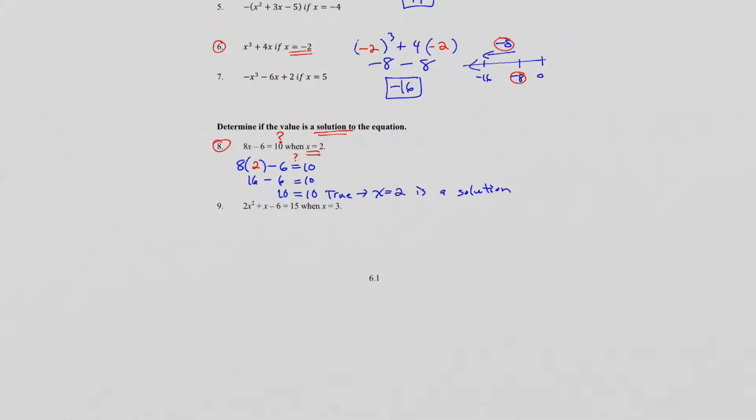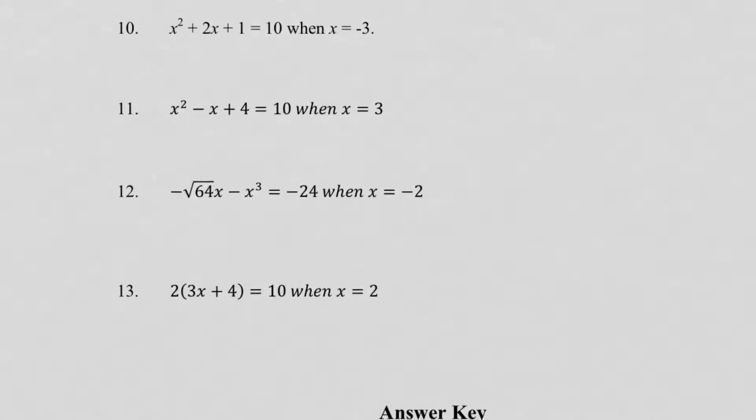Let's go ahead and go to the next page. And we have 10 here. And so again, we're going to evaluate with this -3 to see if we get a 10 here. So the question is, are we going to get a 10 from this?